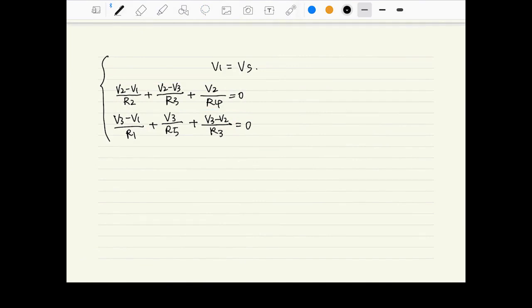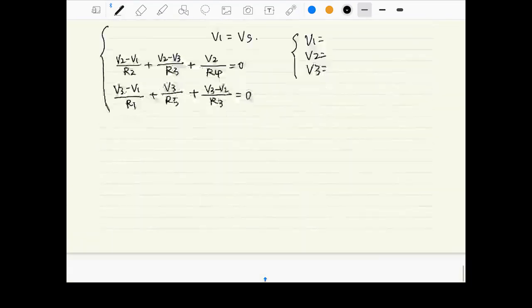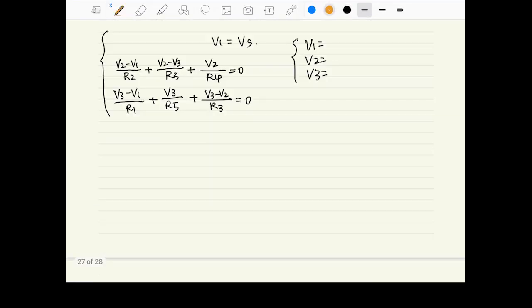The equation is still right. And I1 equals the voltage at the higher end minus the voltage at the lower end divided by R1. I5 is basically V3 over R5. And minus I3 is basically V3 minus V2 over R3.